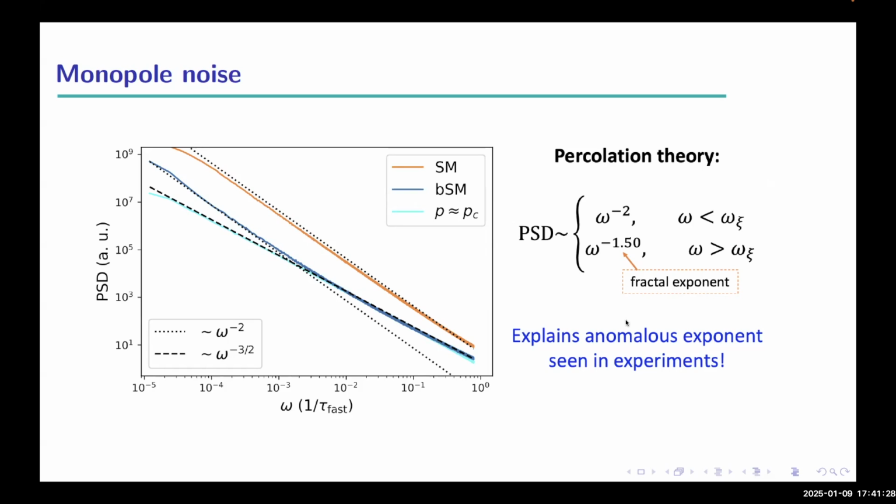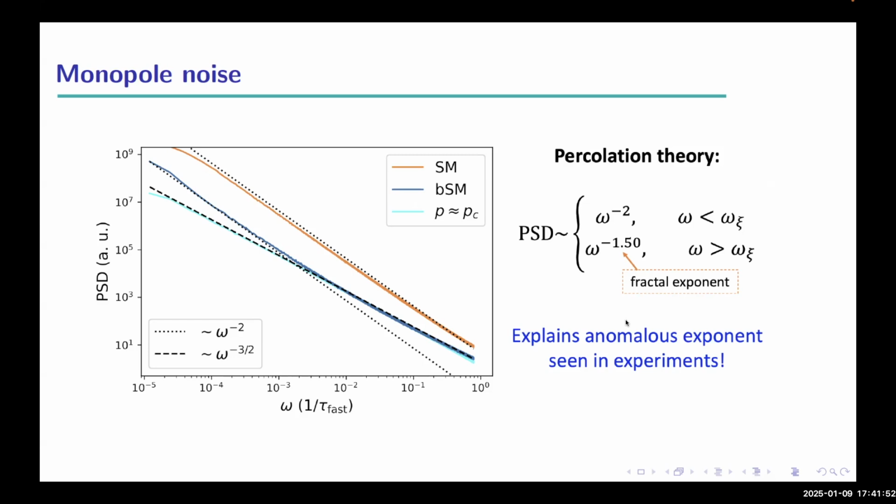But at intermediate and short scales, we actually have the short time behavior, and that's this omega to the -1.5, which is the same as the random walk on the fractal. So this omega to the -1.5 basically is a very direct measure of the fractal exponent of this percolation cluster. And I should say it's not actually 3/2, it really is -1.5.